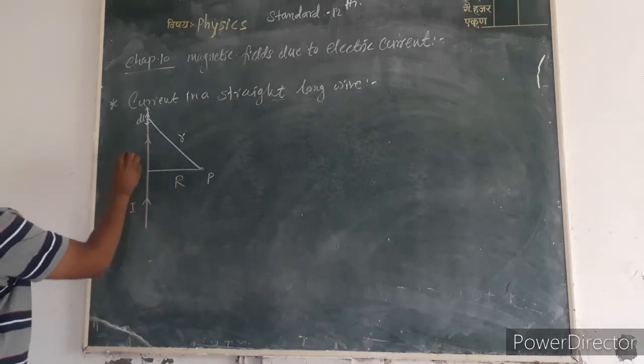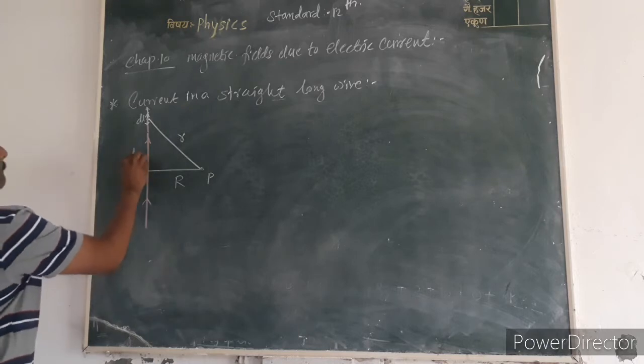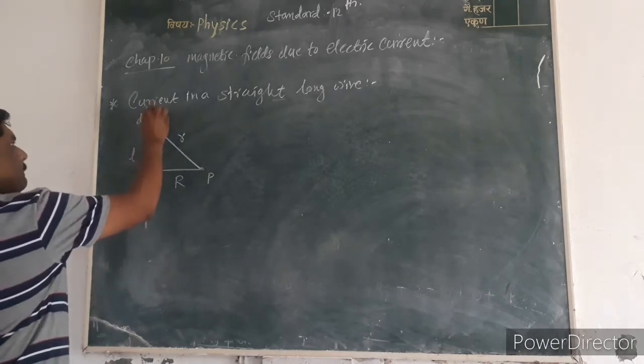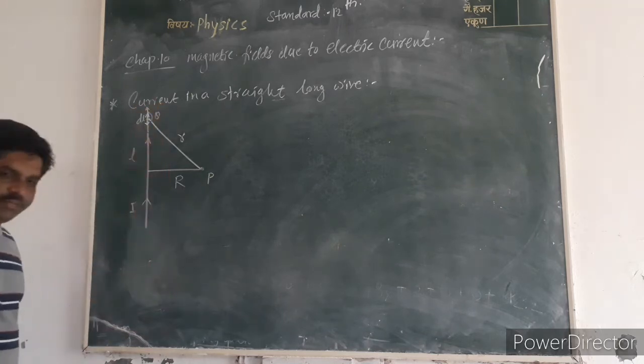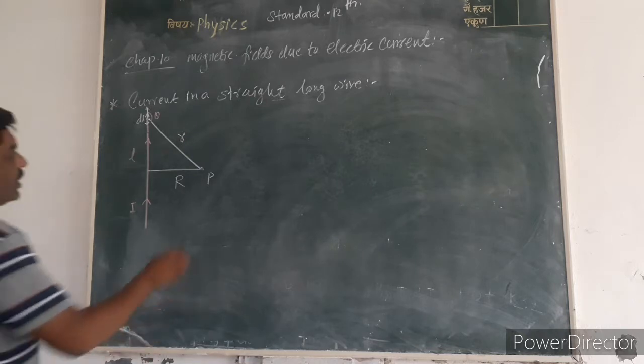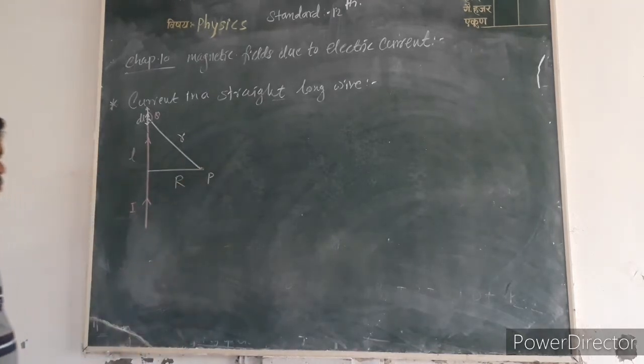And suppose L is the length of the wire, and suppose this angle is theta. Then we find out the total magnetic field produced at point P.